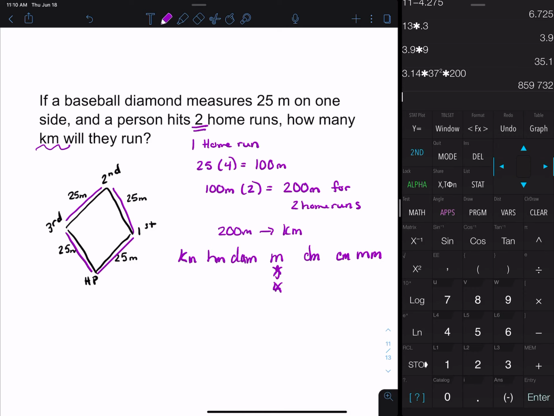And I'm starting at meters, and I want to go to kilometers. 1, 2, 3 spaces left. So I'm going to take that 200 meters, my decimal point's at the end. I'm going to bump it 1, 2, 3 spaces left. And I'll find that I have 0.2 or 0.200 kilometers.